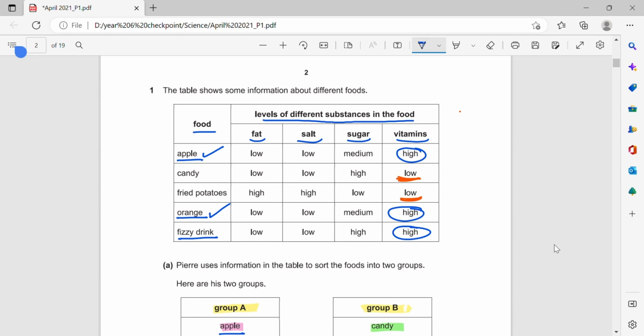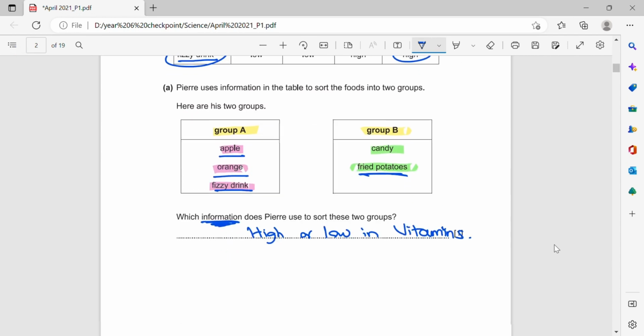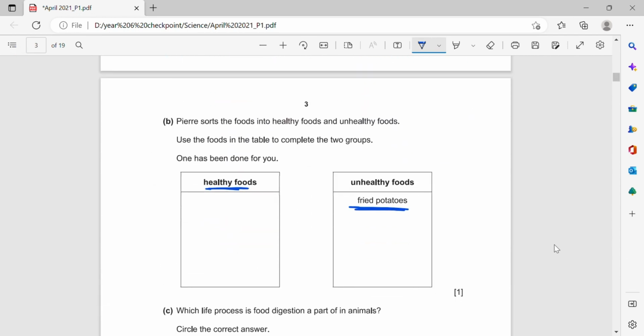The candy and the fizzy drink, because the fried potatoes is already written. But the answer would be orange, apple, and on the other side, for the unhealthy foods, we have the candy and the fizzy drink.